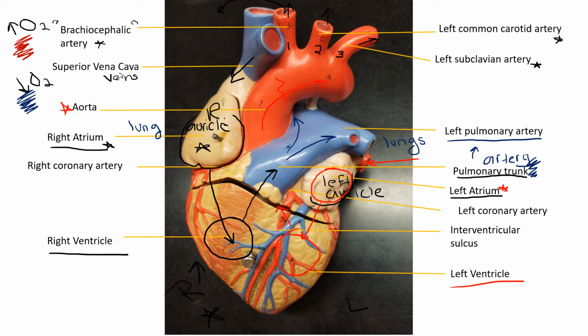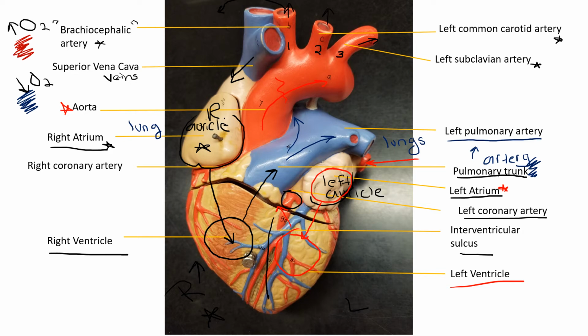You do have a few vessels that are seen here that are coronary vessels. So you have the left coronary artery, this guy right here. This term, the interventricular sulcus, is just talking about this area here, right in the middle of the heart.